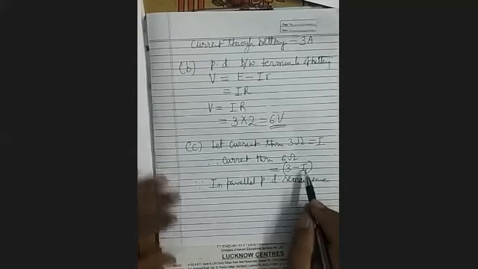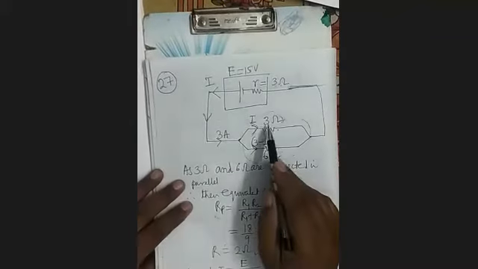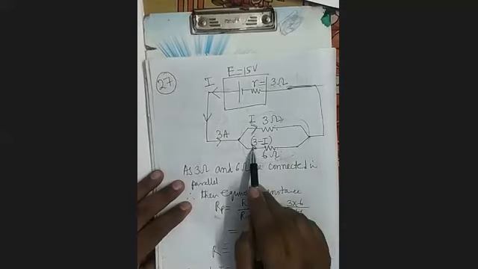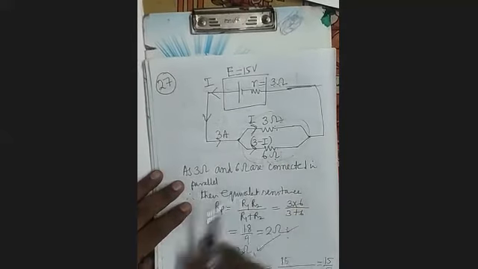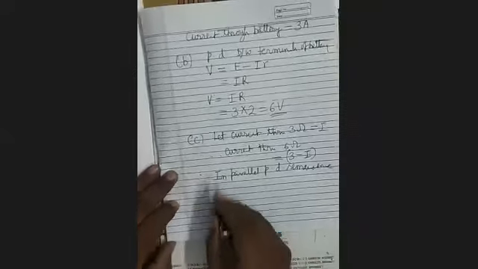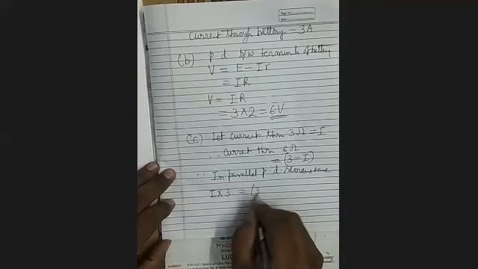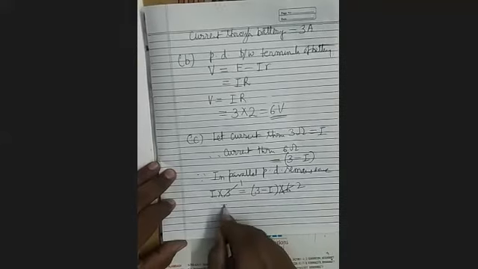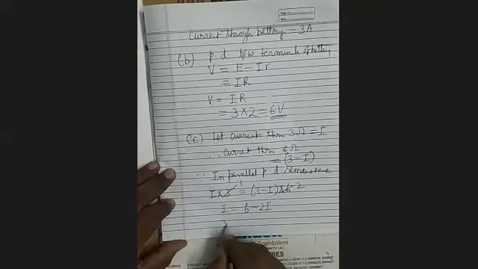Potential difference means product of current and resistance. So what is the product here? Current is I, resistance is 3, so I into 3. Here, current is 3 minus I, resistance is 6. So you can see here, 3 minus I into 6. So I equals 6 minus 2I. So 3I equals 6.